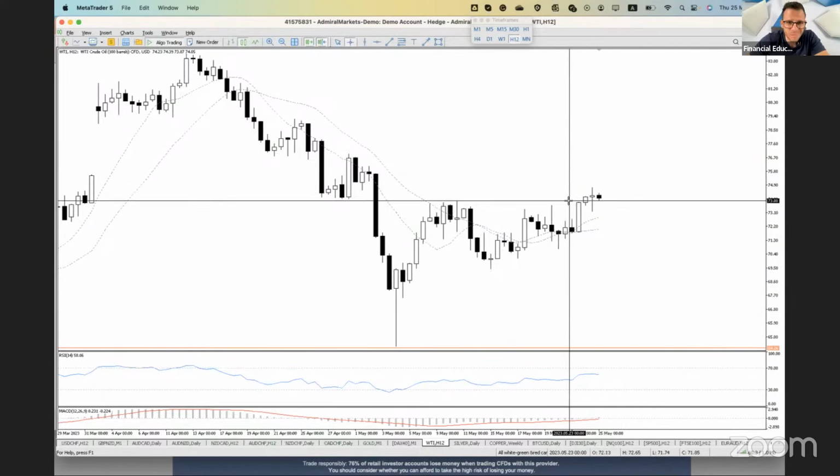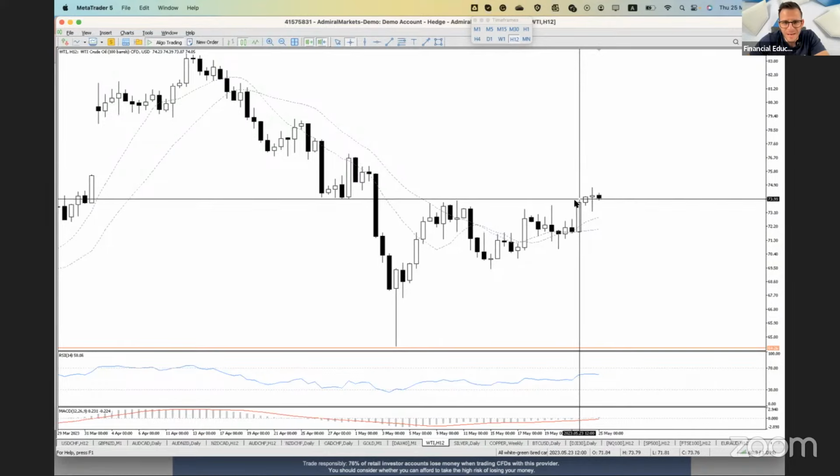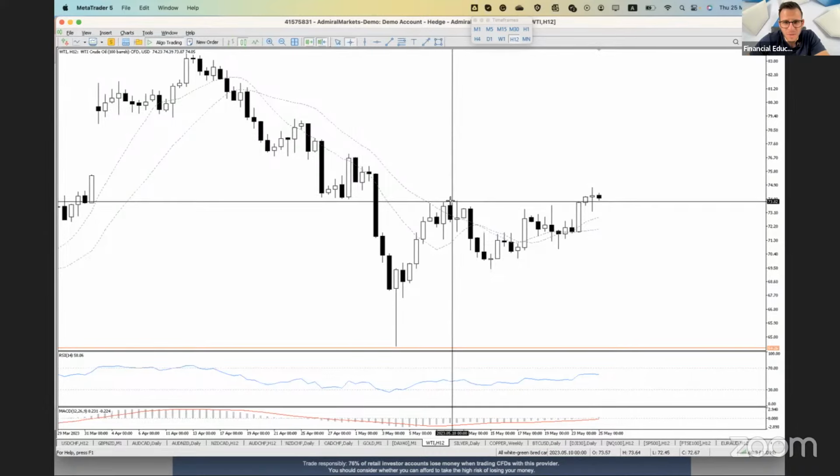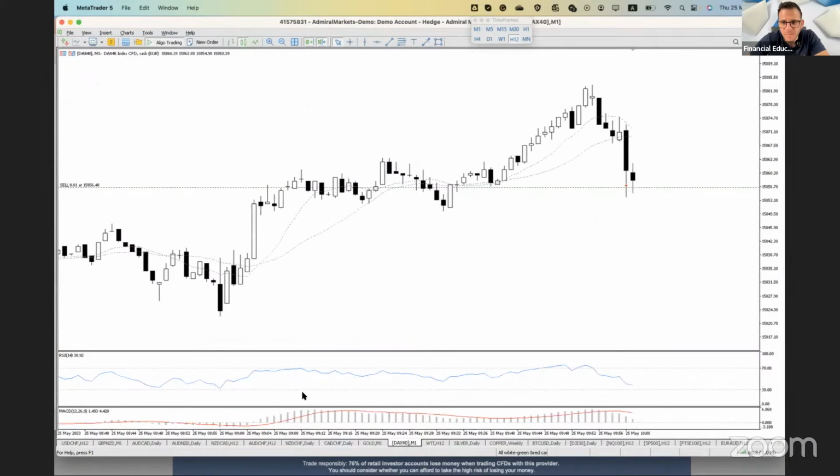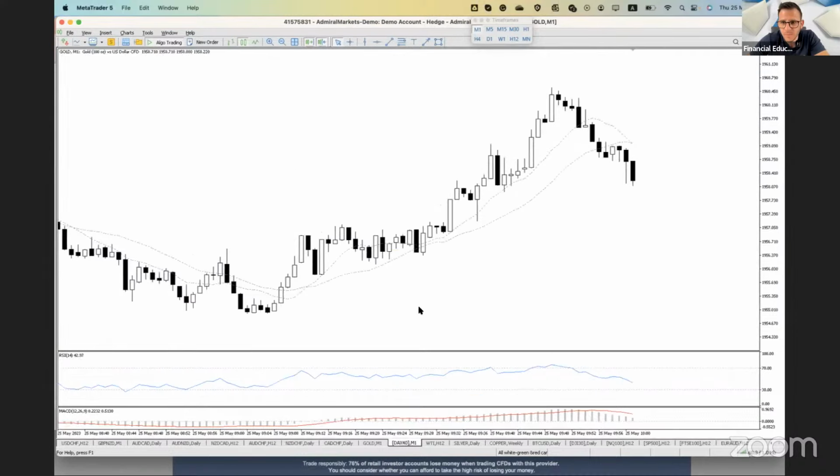We are at this area of resistance, not that clear. That inside bar was a good one. Price didn't really follow to the downside. So next area of resistance can be this one up here. Gold is pressing lower. Guys, again, I didn't open any trade on the gold today, only on the DAX.